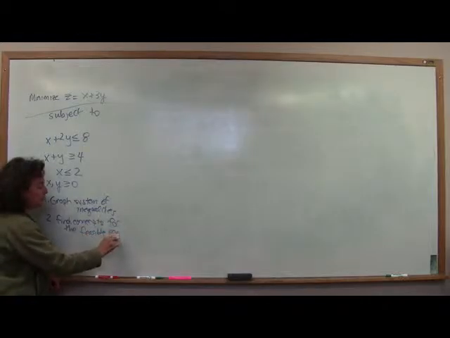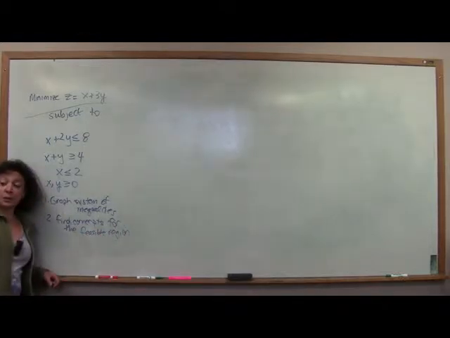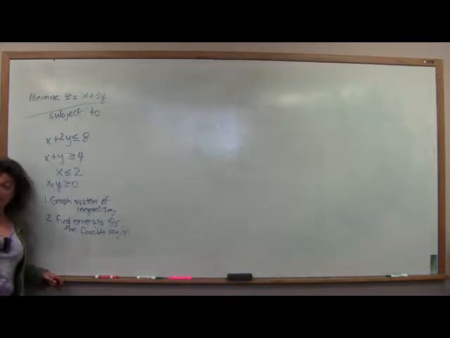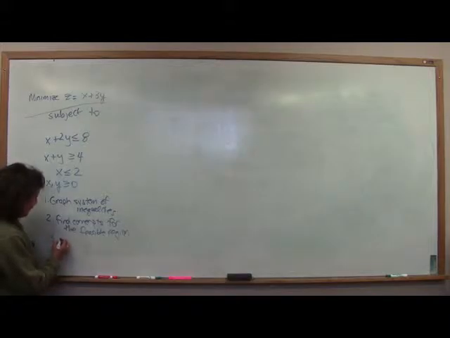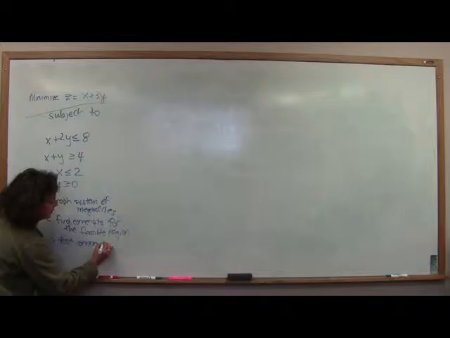Remember, the feasible region is the region that satisfies all of your inequalities at the same time. So first you graph these inequalities, then you find your corner points, and then you test your corner points into your objective function.